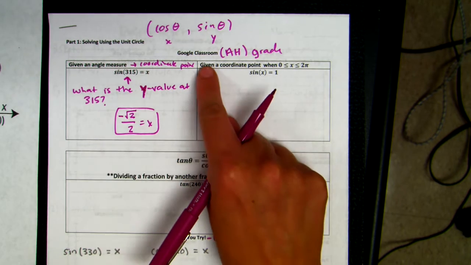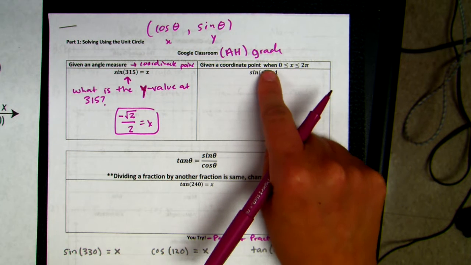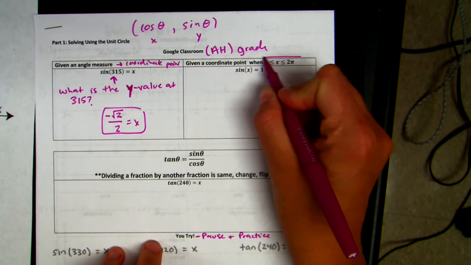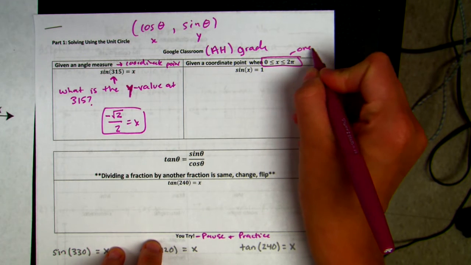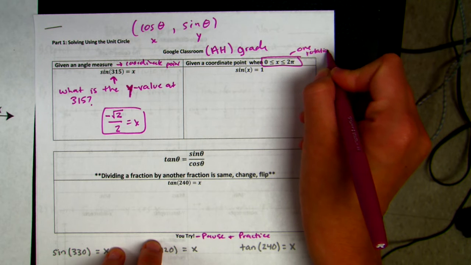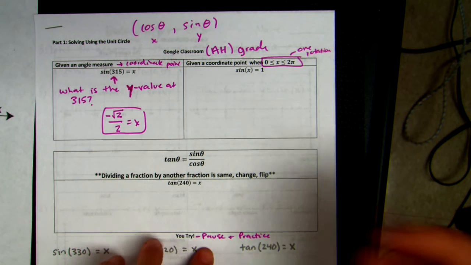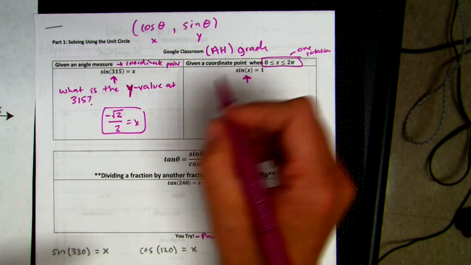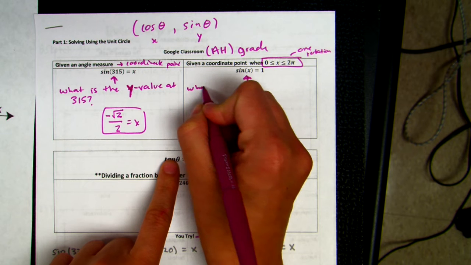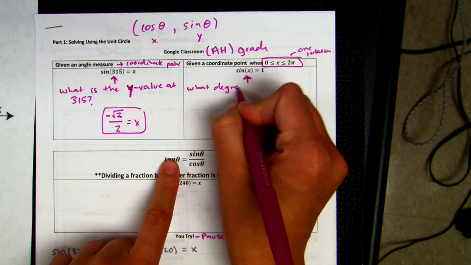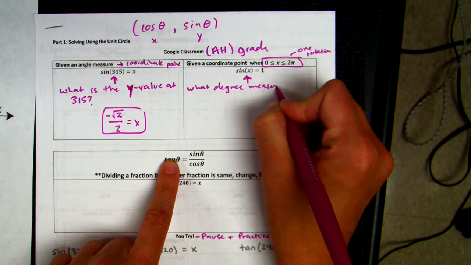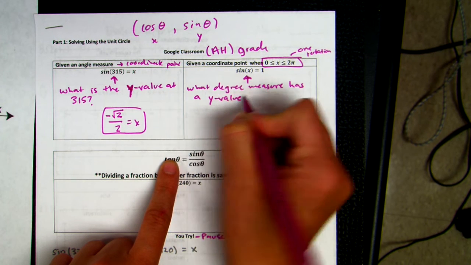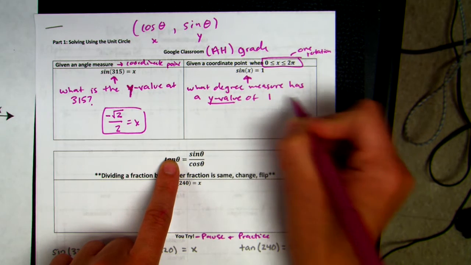Next one is given a coordinate point when x is between 0 and 2 pi. So this just means one rotation around the circle. So we only have to go around the circle once. What this is asking me, because now the x is next to sine, is what degree measure has a y value, because again we're talking about sine, of 1.